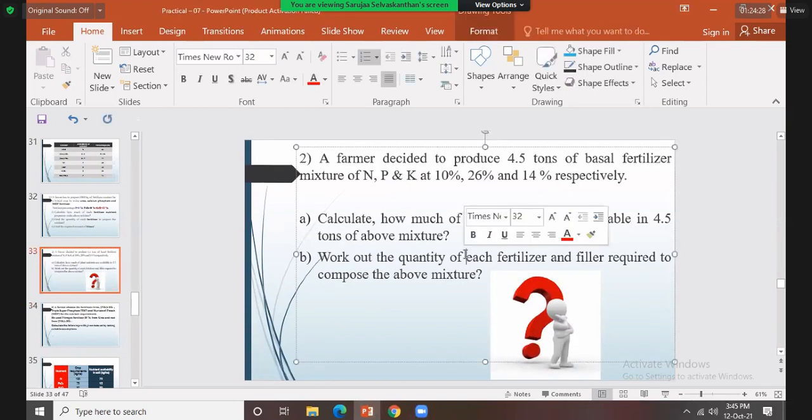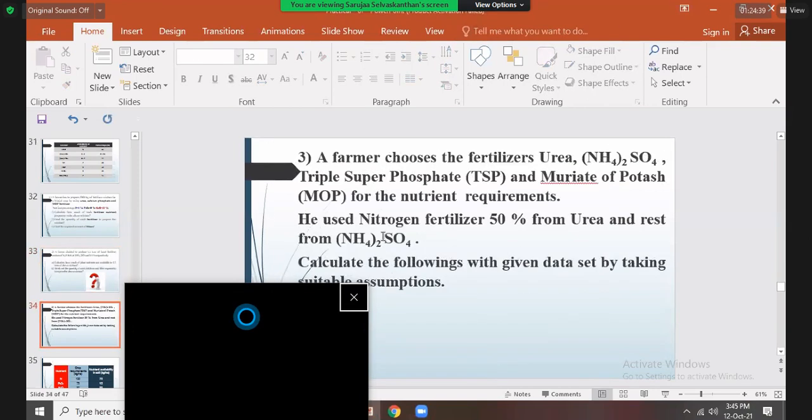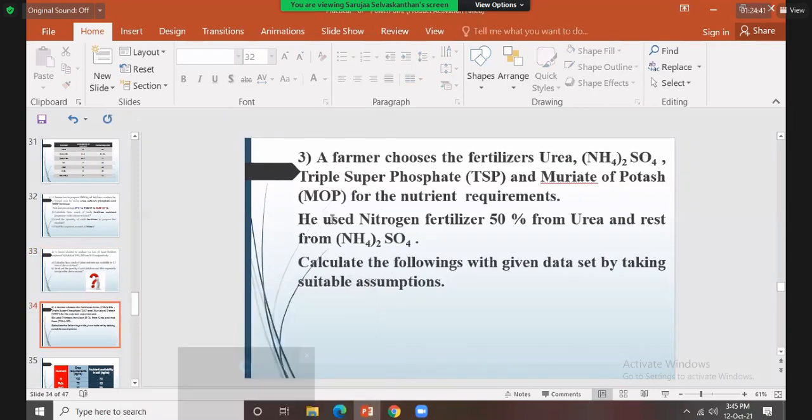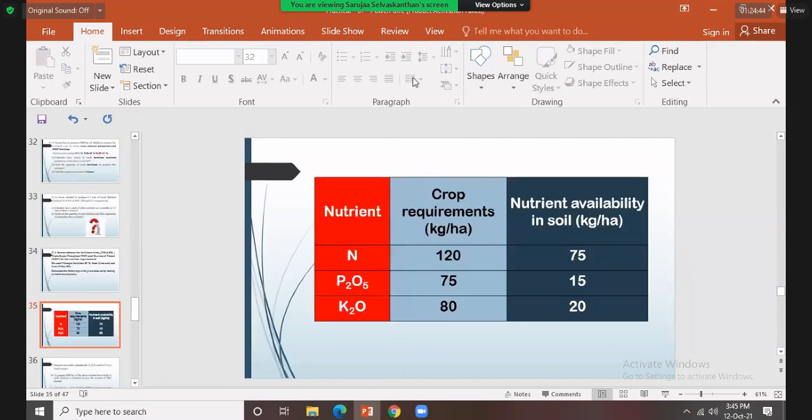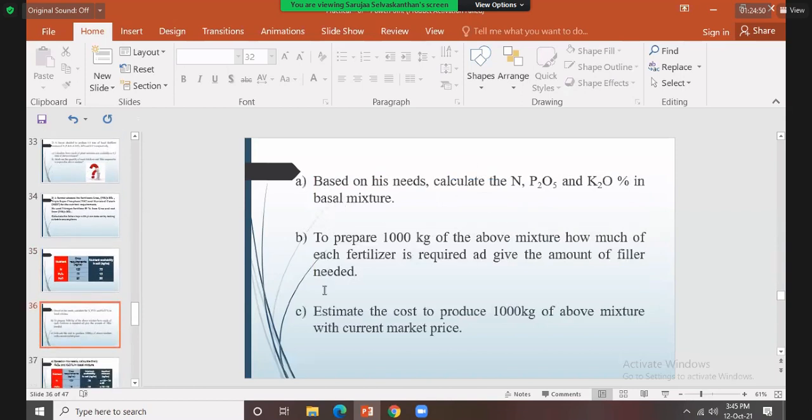Take the screenshot. I change it. Okay, then this one. Third one. Take the screenshot. Here I have the common, here I have some introduction for that calculation. Okay, this one also you need. Okay, after that here I have some part A, B, C, three important parts. You want to take the screenshot. And you want to try these three calculations.